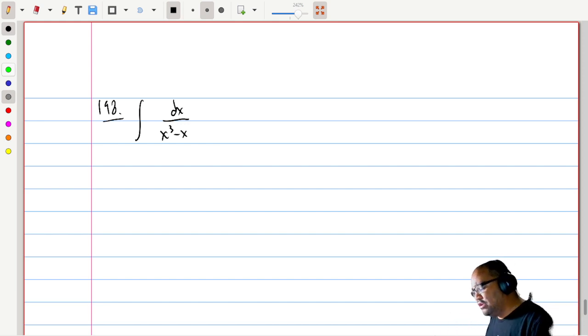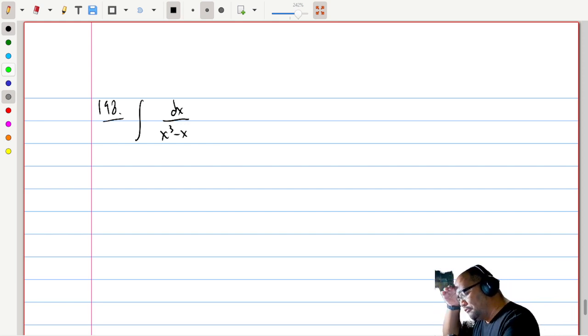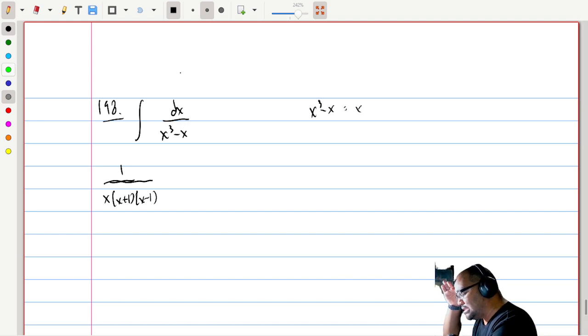Let's see, for this one, the denominator factors as x times x plus 1 times x minus 1. Okay, because x cubed minus x is the same as x times x squared minus 1. So you have x, x minus 1, x plus 1.